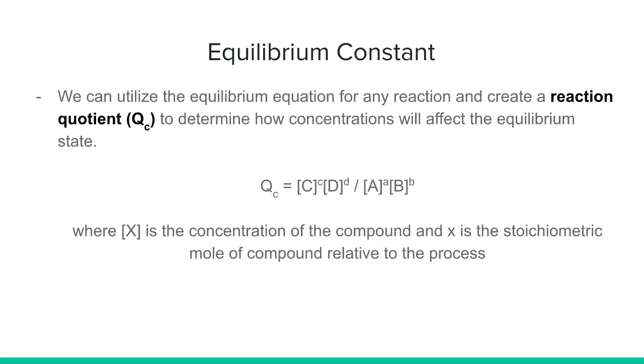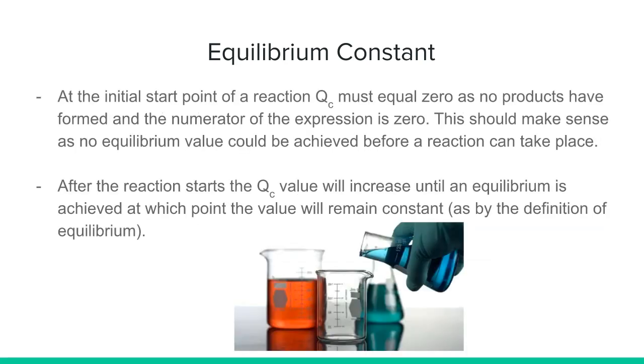What I've put under here is a generic setup, where large X in brackets is the concentration. So X could be C, D, A, or B in this case. And the lowercase x is the stoichiometric coefficient. Again, we should be familiar with this from our thermodynamics material.